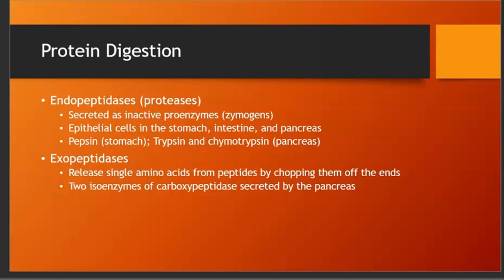A common one for the stomach is pepsin, and then ones located in the pancreas are the trypsin and chymotrypsin. The exopeptidases release single amino acids from peptides by chopping or cleaving them off at the ends one at a time. And then the enzyme that is utilized for that is carboxypeptidase, and that is secreted by the pancreas.